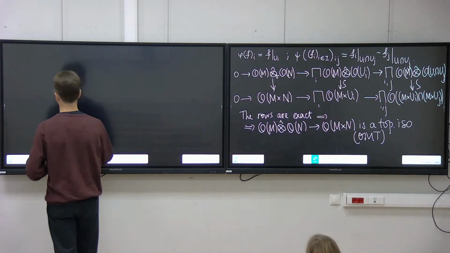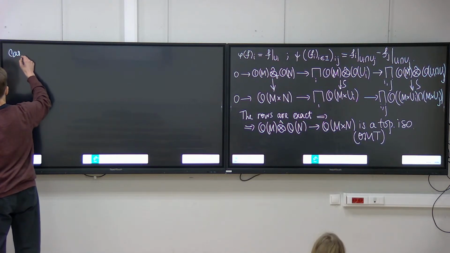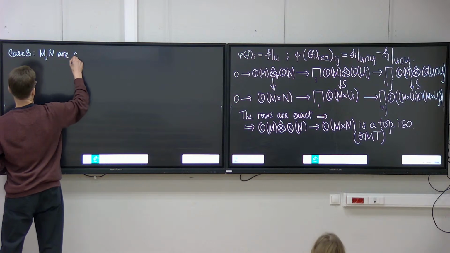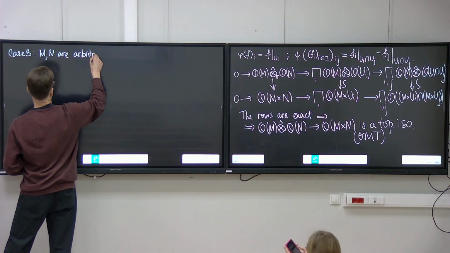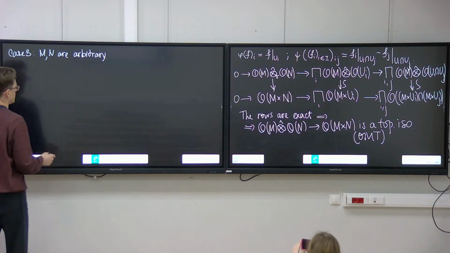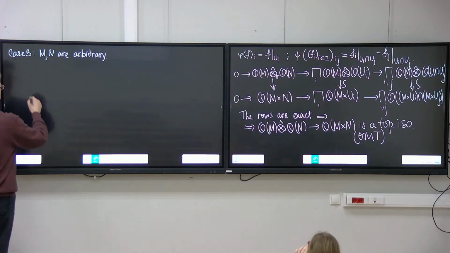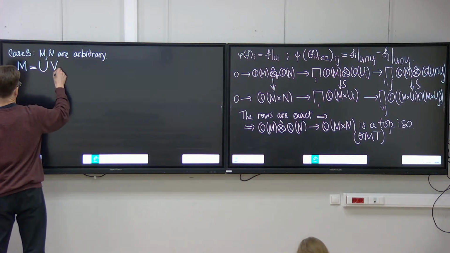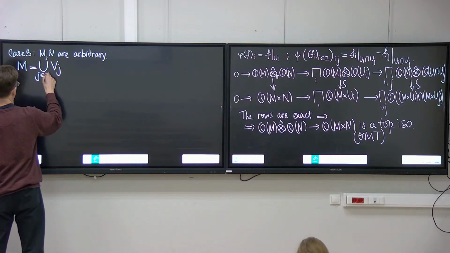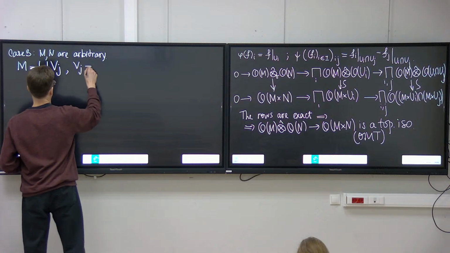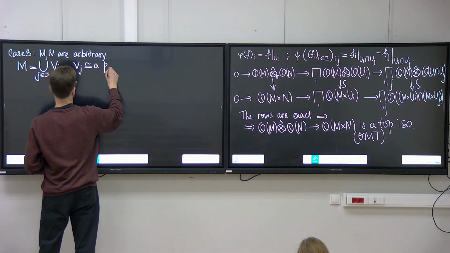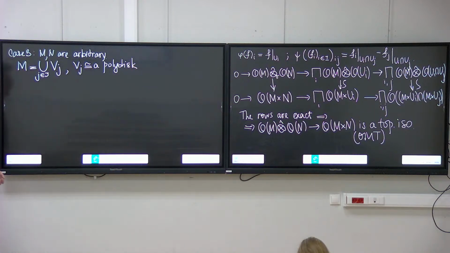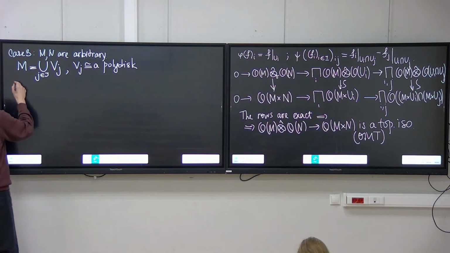And finally, we consider the more general case, case 3, M and N are arbitrary. Now take an open cover of M by polydisks, V_j. Each open set V_j is biholomorphically equivalent to a polydisk. And we apply essentially the same argument.